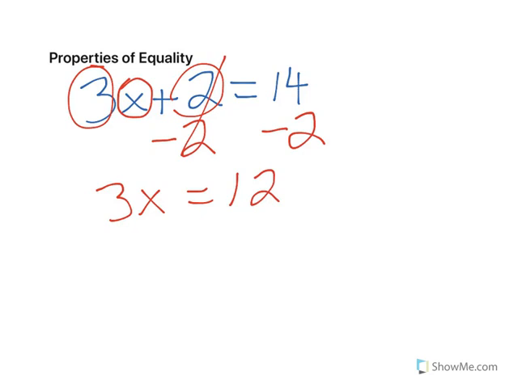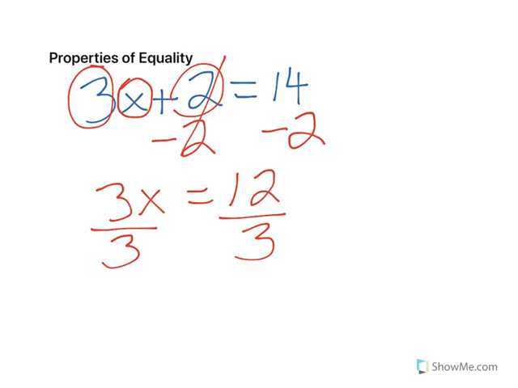So now I'm left with this. But I still have a 3 in front of the x, and that's a multiplier. It's called a coefficient, and I want to get rid of that 3. So how would I do that? I can't subtract the 3 because it's a multiplier, so I have to divide by 3. If I divide the left side by 3, I have to divide the right side by 3.